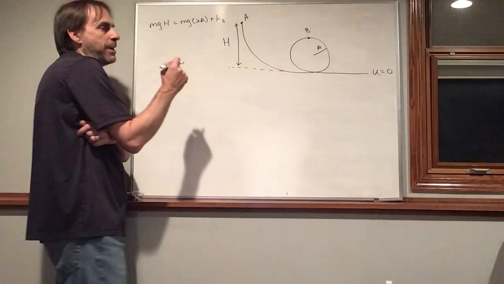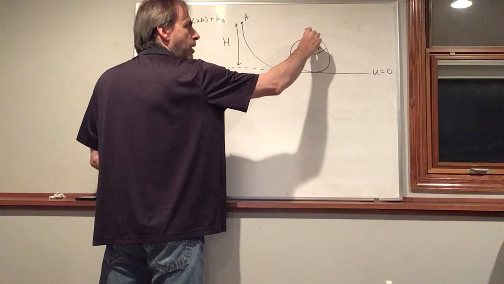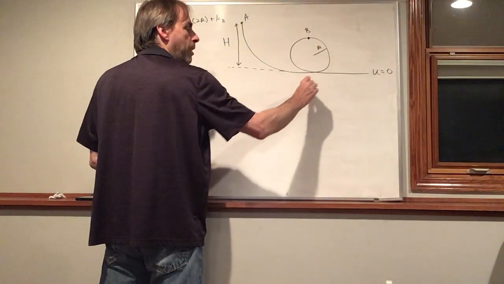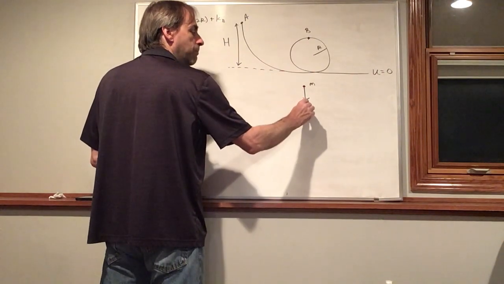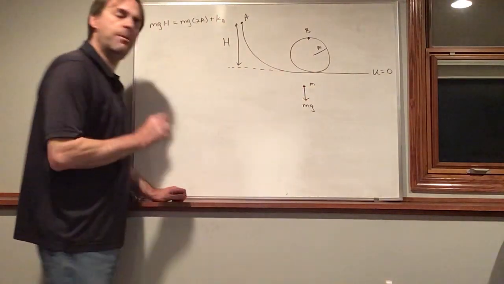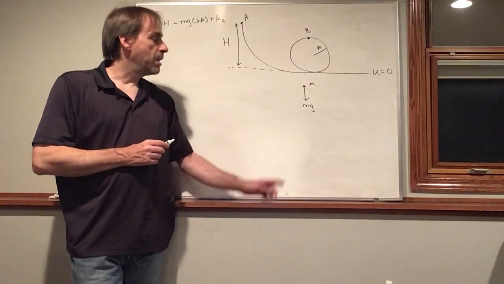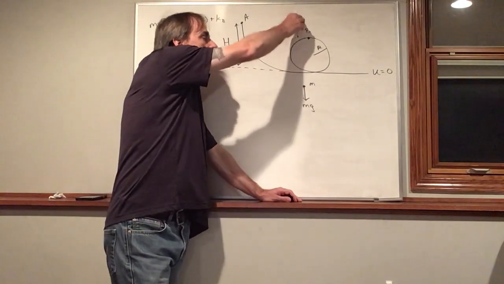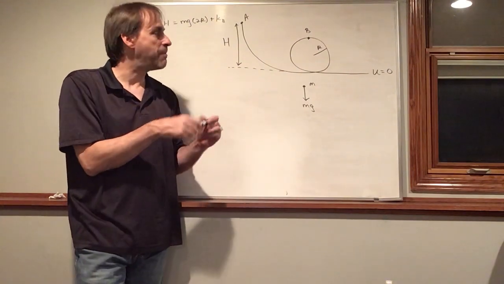But in order to be able to move around this circle, if we look at point B, let's say here's the mass at point B, there could be 2 forces acting on this mass at point B. There's going to be gravity pulling down. There could also be a normal force downwards from the track pushing down on the car, or this mass.